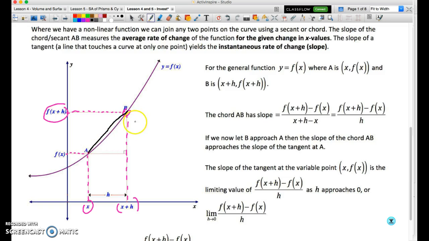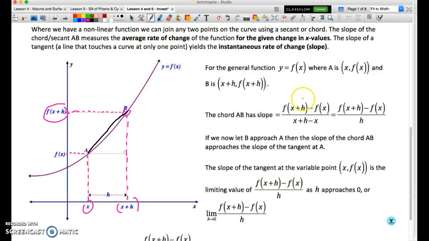Let's pretend that that's a line. And if you were to use the slope formula, you could calculate the slope of segment AB, or chord AB, or secant AB, which is of course y2 minus y1 over x2 minus x1.